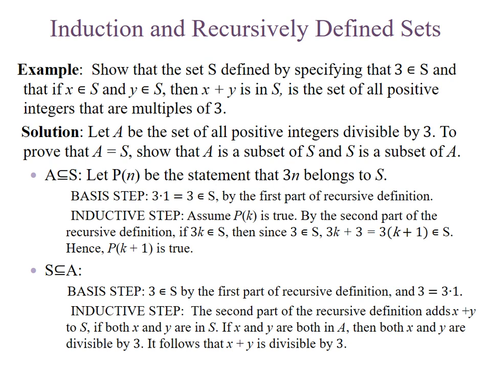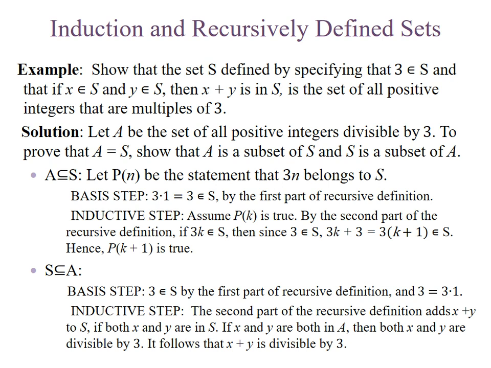So all elements in A we can write in the general form 3n. That means 3n, if we replace n by natural numbers, is divisible by 3. If 3n belongs to S, that means A is a subset of S.